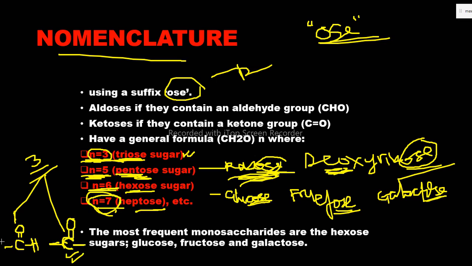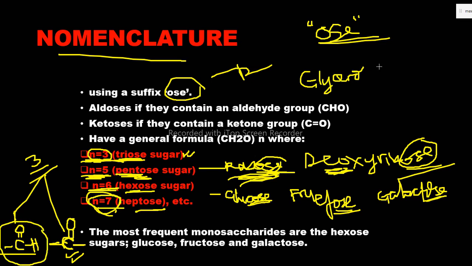Now, if you have an aldehyde group, then you are an aldose. For example, it is glyceraldehyde. It is a glycerol, but instead of a glycerol, one of the OH is replaced by this group.